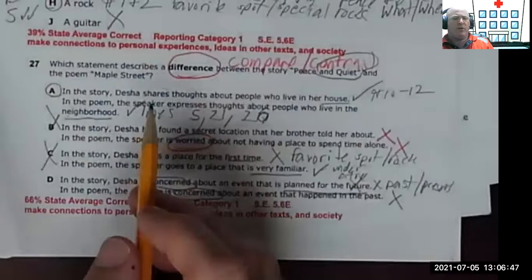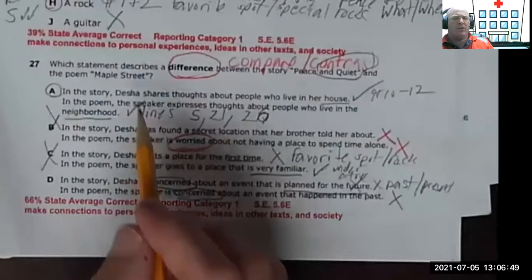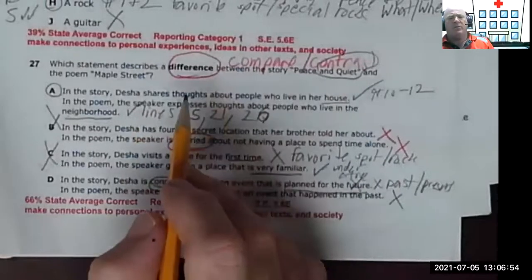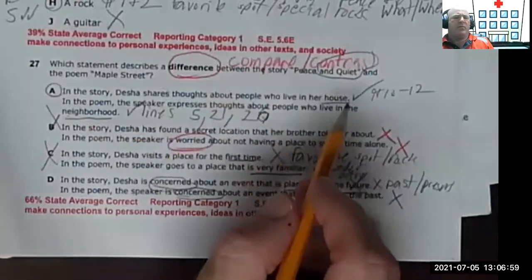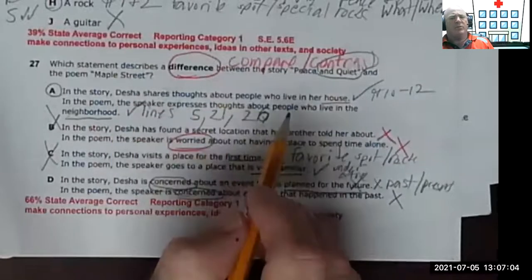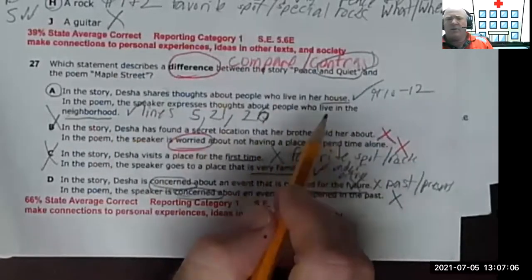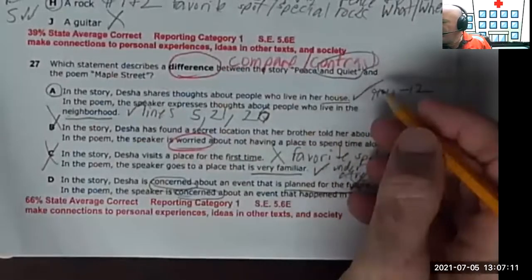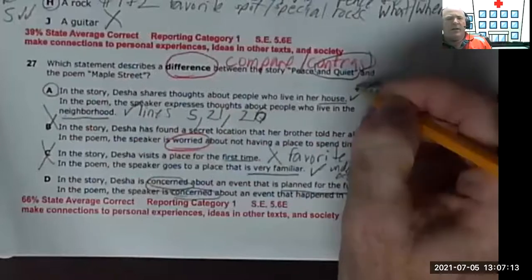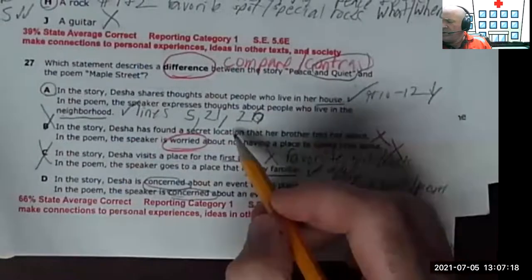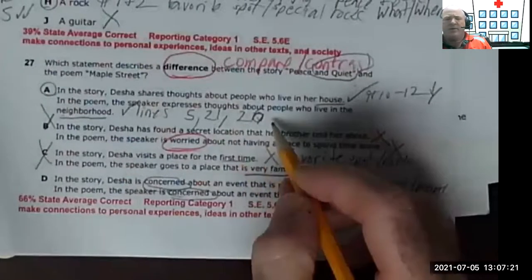check all four, the only one that's different is they're both sharing thoughts, things that are inside their head, that people who live in her house, negative thoughts, thoughts about people who live in the neighborhood, different place, and those are positive thoughts. Okay? So in one, the emotions are negative, and in the other one, these emotions are positive.